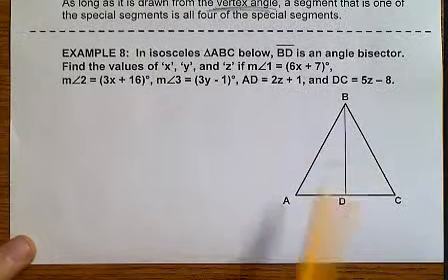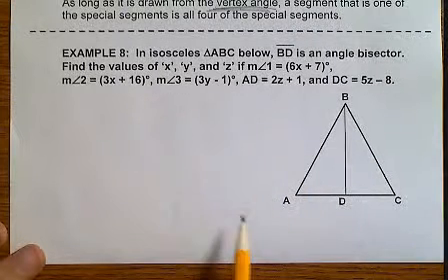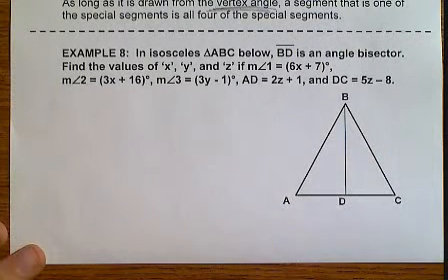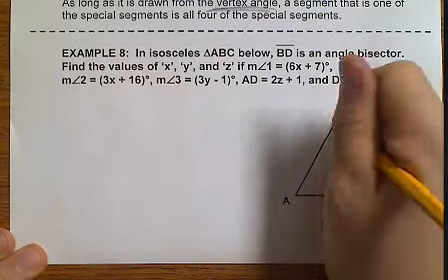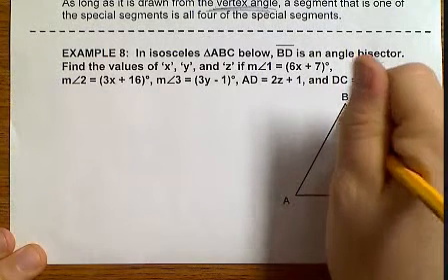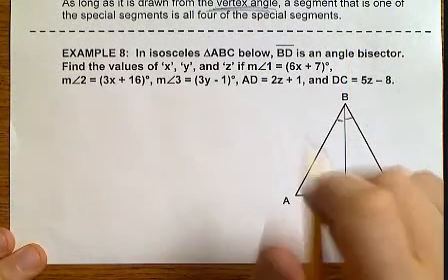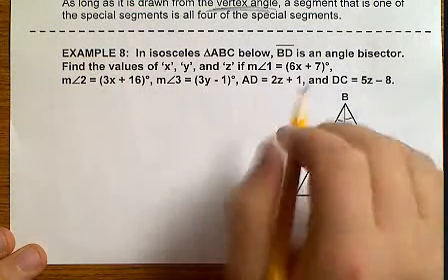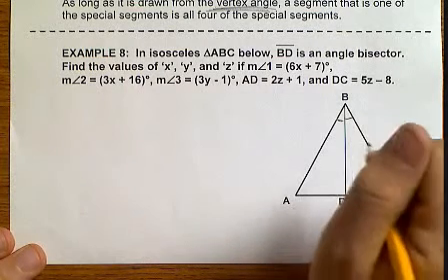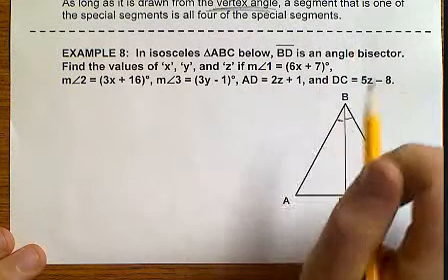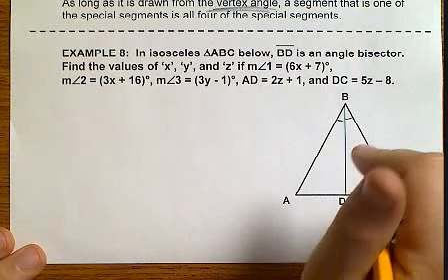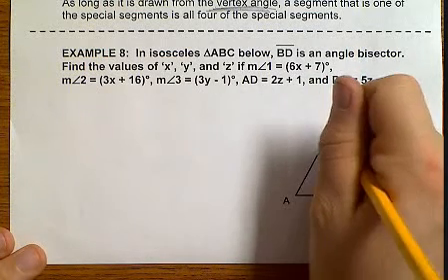An isosceles triangle ABC below, BD is an angle bisector. Means it cuts the angle in half. Find the values of x, y, and z if the measure of angle 1 is 6x plus 7. We're going to call this one 1 and this one 2.